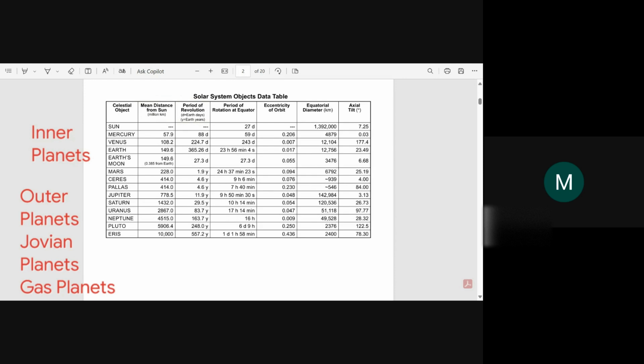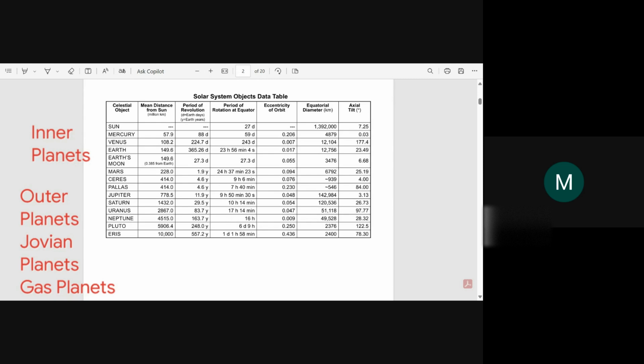Moving forward, the two dwarf planets and then the outer planets are in years. As you go further away from the sun, the time to take one full revolution is longer. That makes sense.